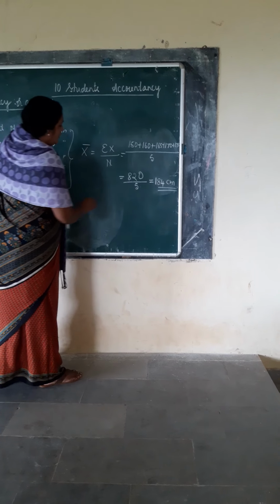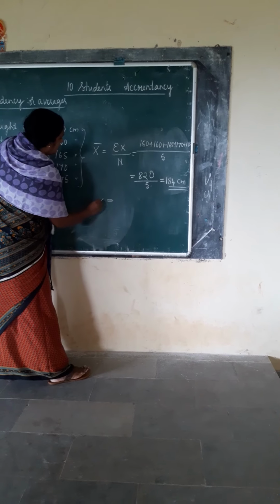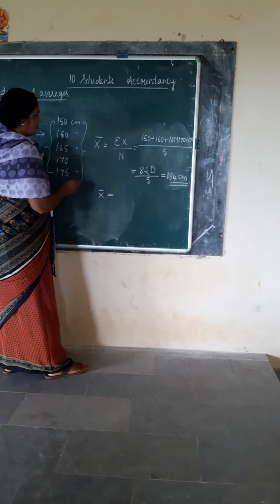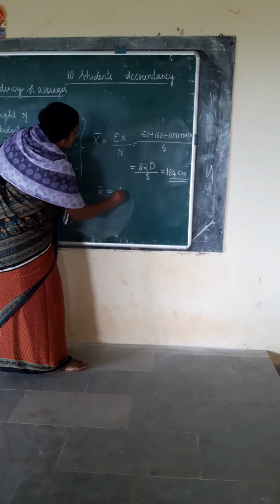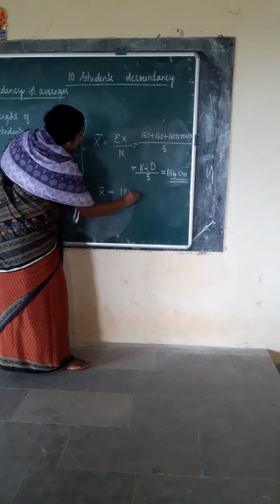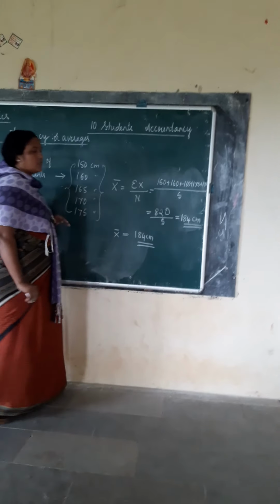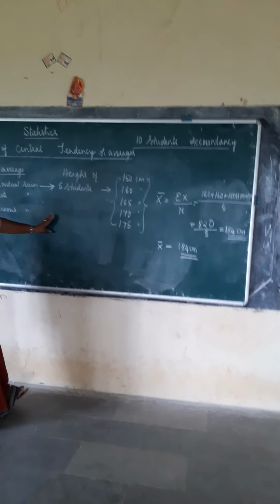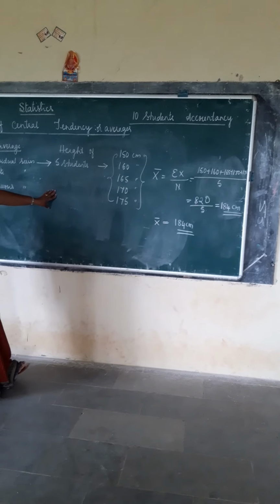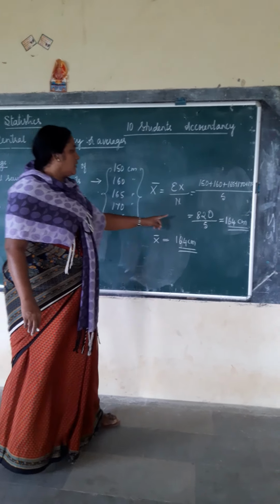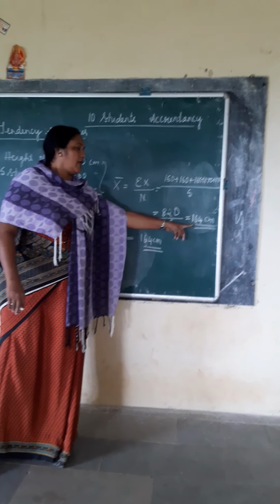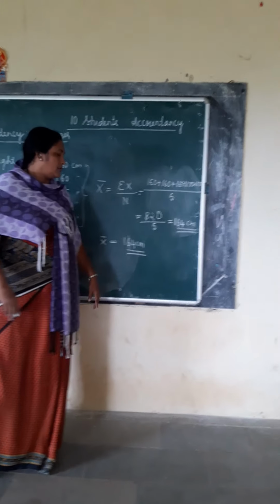So the average height of the sample of 5 students is 164 centimeters. So this is how we calculate mean for individual observations. Okay, the total is 820. The number of students is 5. So their average height is 164 centimeters.